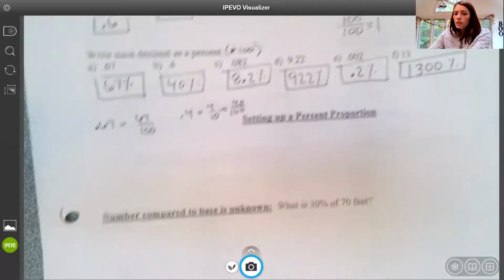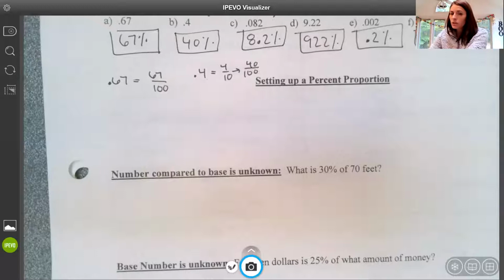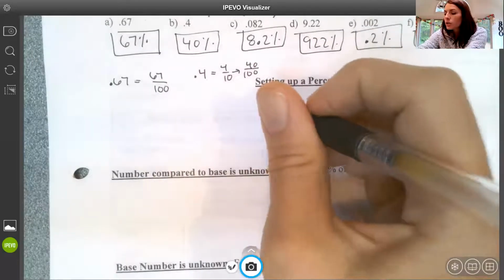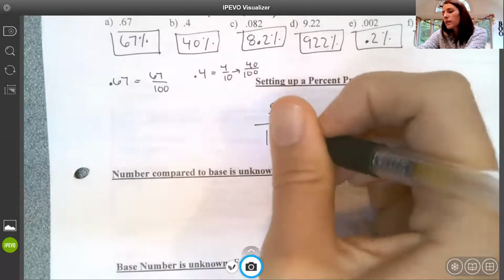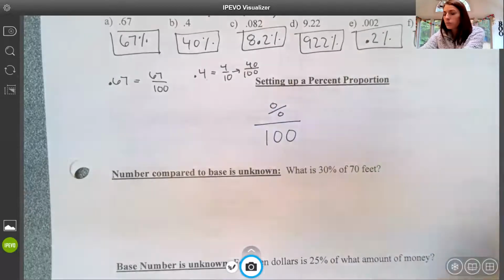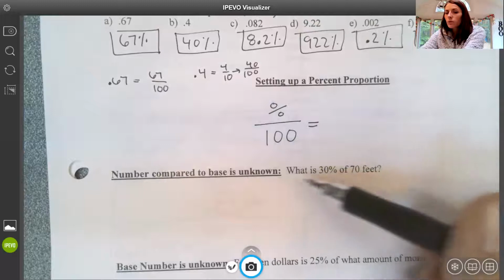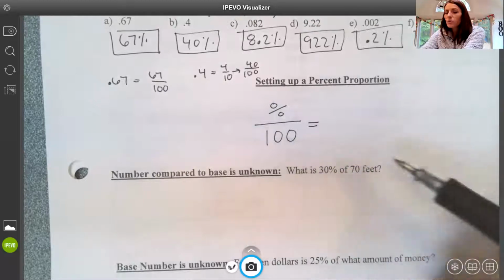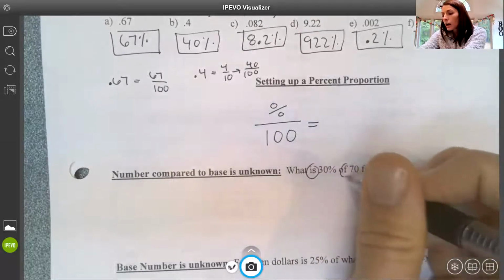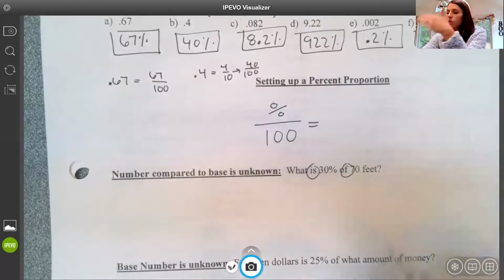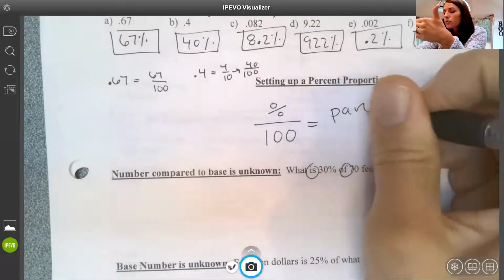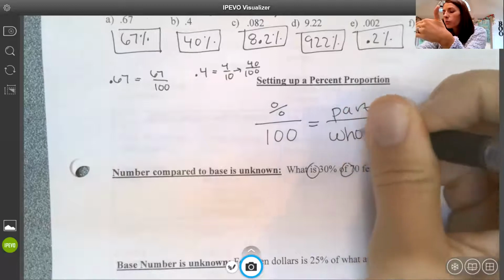Now we use this concept in these equations to set up a proportion where we know that our percent is a number out of 100. When I read my sentences here, many times there's an is or an of. Percent out of 100, the percent is a part and the 100 is the whole amount.